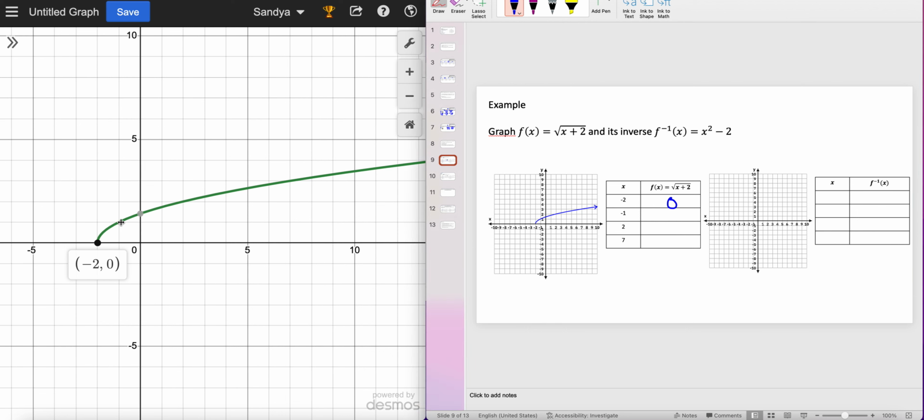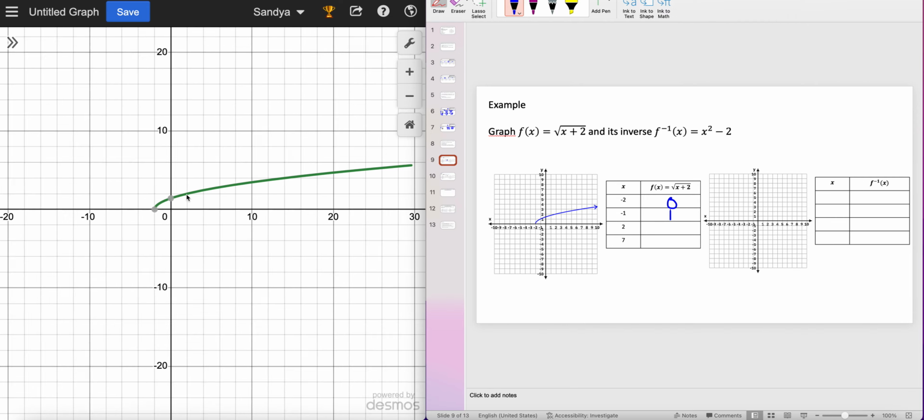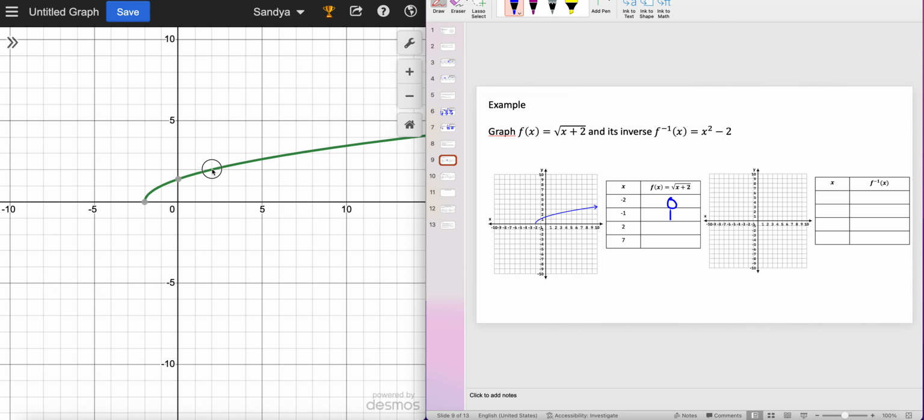If x is -1, we have this point right here, which is 1. And then we have 2, and then we have 7, which is 3.